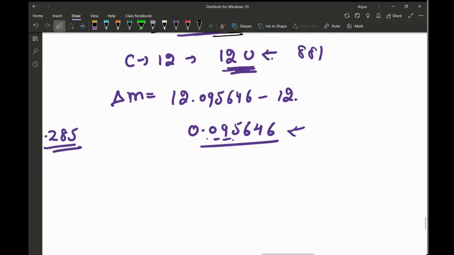All right, so we've got the value of delta M, and now I wanted to find out how much energy is being lost because of this. So energy lost will be equal to delta M C square.